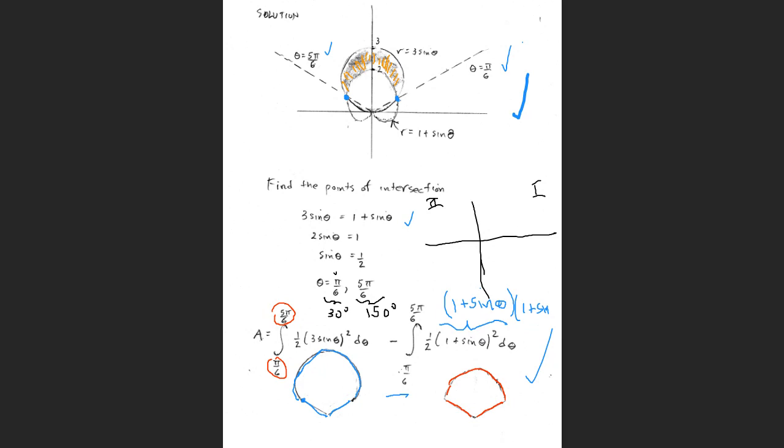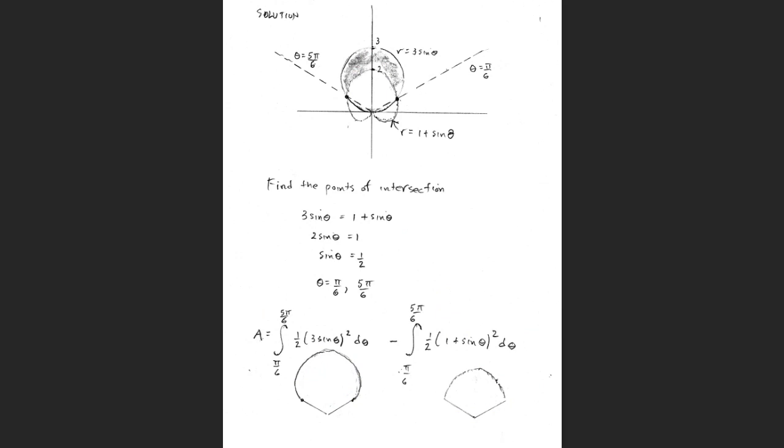Let me rewrite this here. All right, let's try it again. 1 plus the sine of theta times 1 plus the sine of theta.